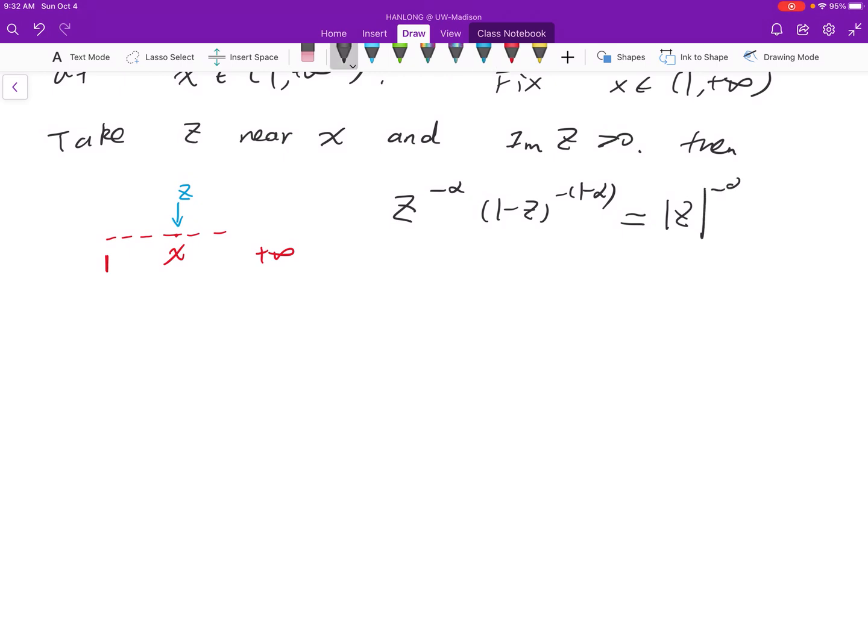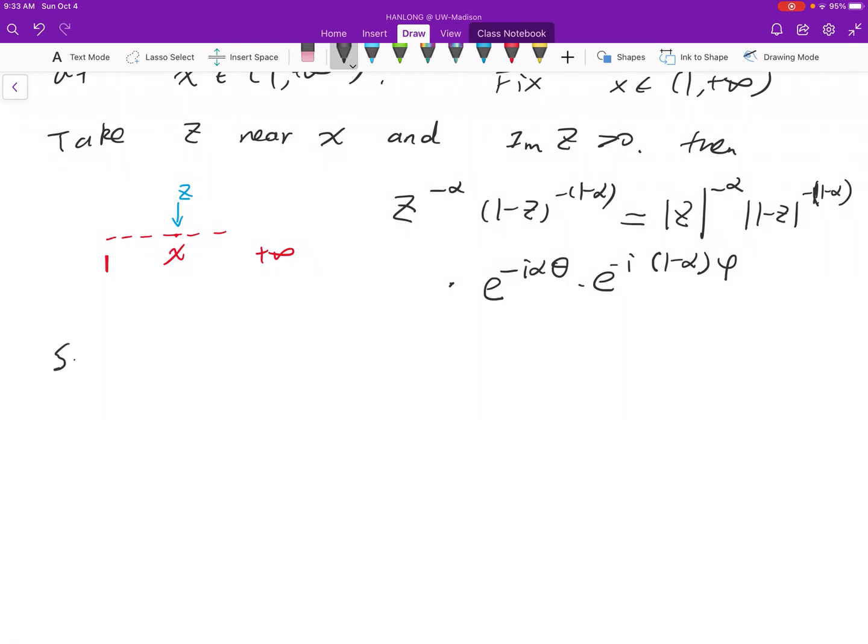So z to the negative alpha times 1 minus z to the negative 1 minus alpha times, okay, then the angle part, you just plug in exponential of negative i alpha theta times exponential of negative i 1 minus alpha times phi.